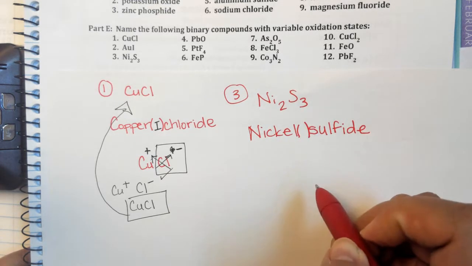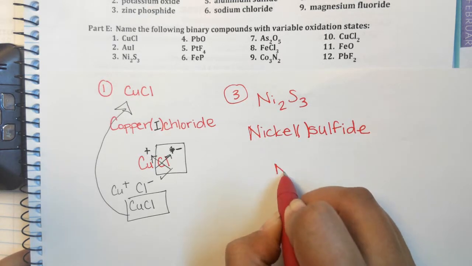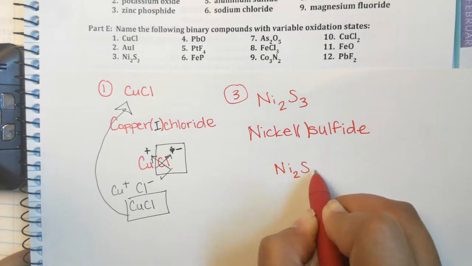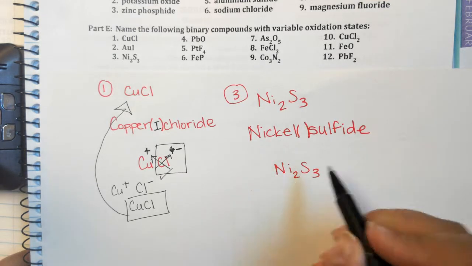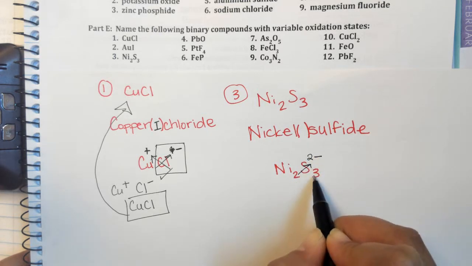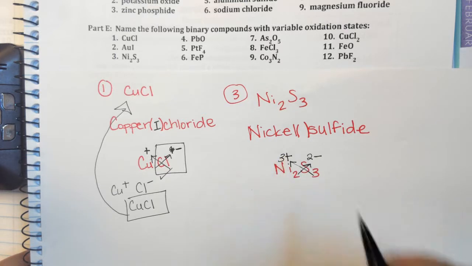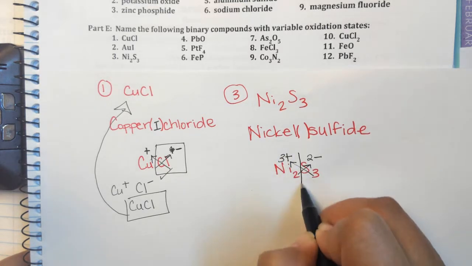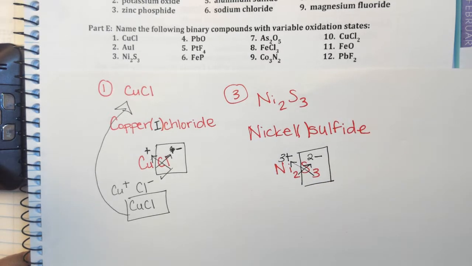It's a transition metal. Alright, so now that I have it set up, I'm going to take this down here, and I'm going to reverse my swap and drop. So now sulfur is getting this 2 with a 2 negative, and nickel is getting this 3 as a 3 positive. Lastly, I'm going to check to see if my anion has the correct oxidation state.